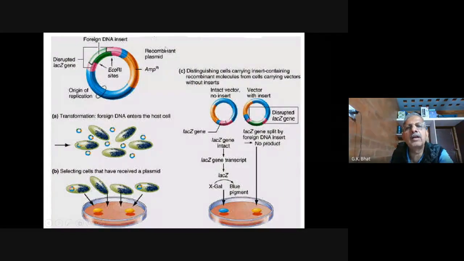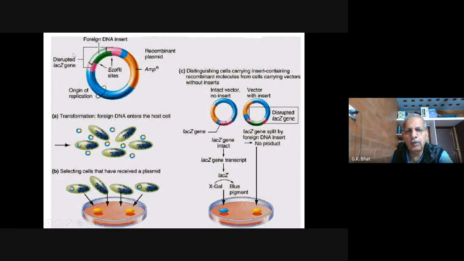So now this is a recombinant plasmid. To this, what have we done? We have added a new DNA piece to the lacZ. When a new DNA piece is added to the lacZ, the lacZ function is disrupted. As a result, the cell will not be blue in color, and it will be colorless.